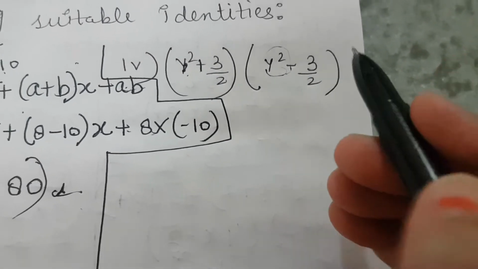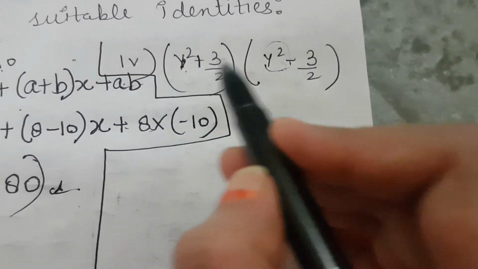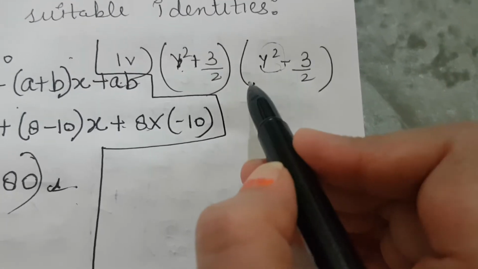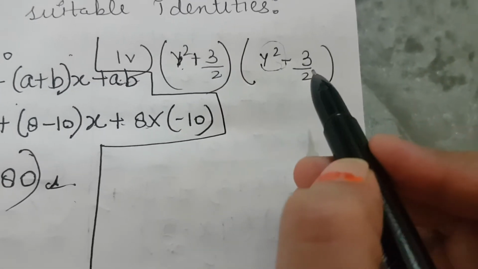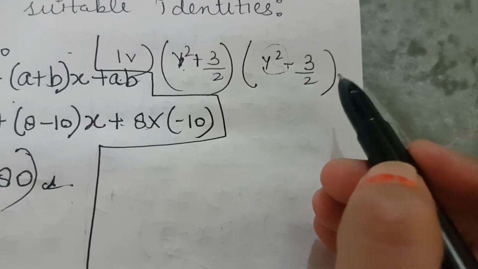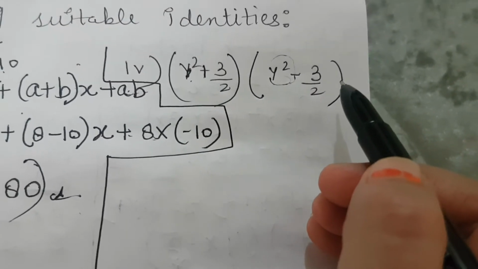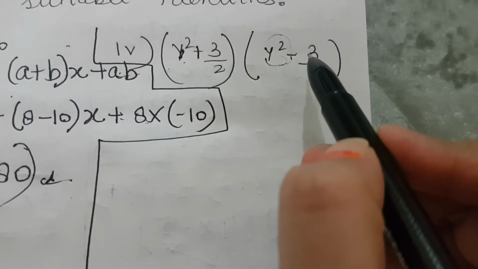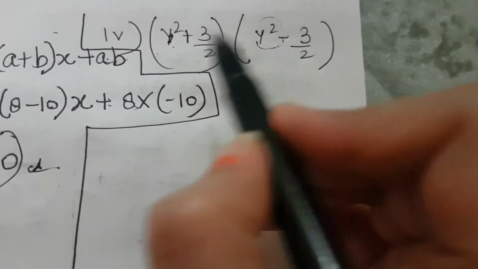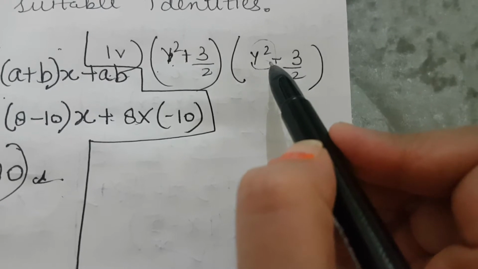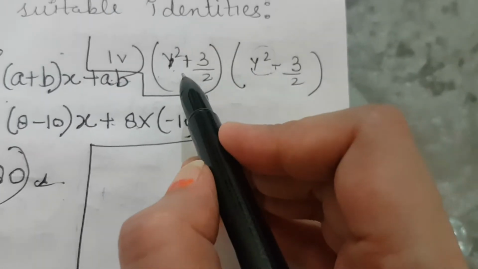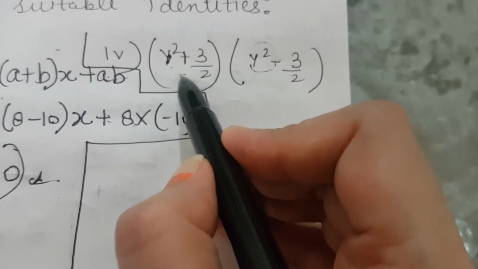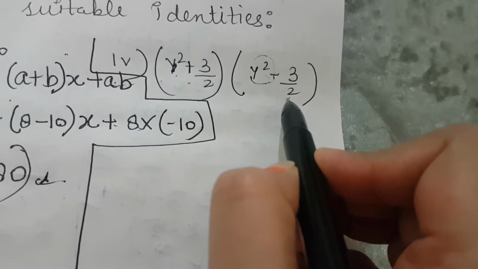If in two expressions which are in multiplication both terms are the same, for this we have three identities. When both expressions are positive, then (a plus b) whole square. When both expressions are negative, then (a minus b) whole square. But in this, one is a positive expression and the other is a negative expression.